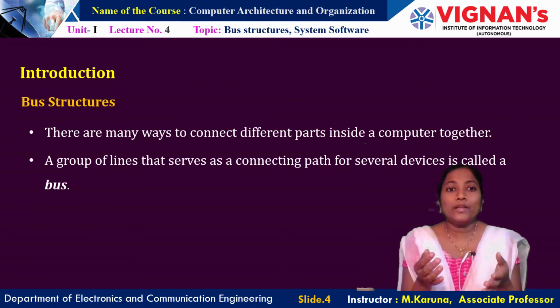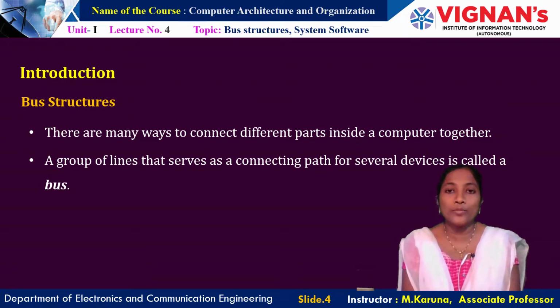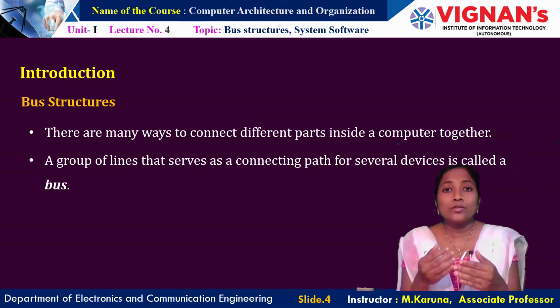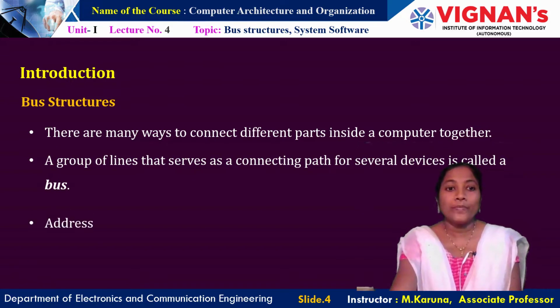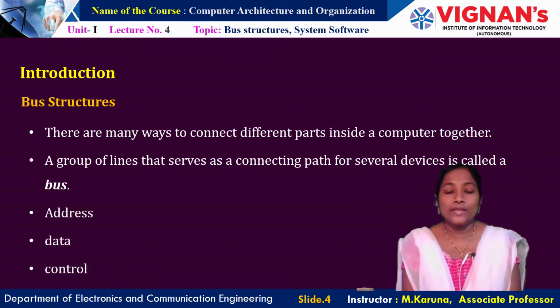Bus structure. There are many ways to connect the different parts inside a computer together. So a group of n parallel wires is used to connect the functional units. A group of lines which serves as a connecting path for several devices is called a bus. Different buses are there: address bus, data bus, and control bus.